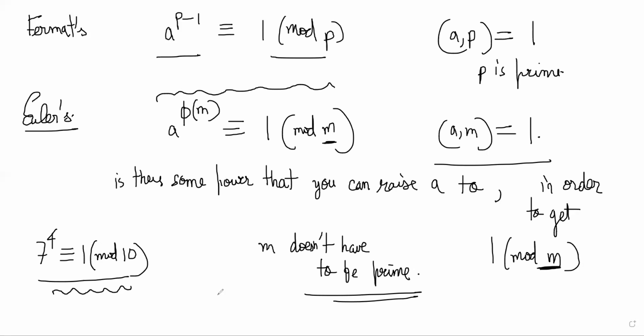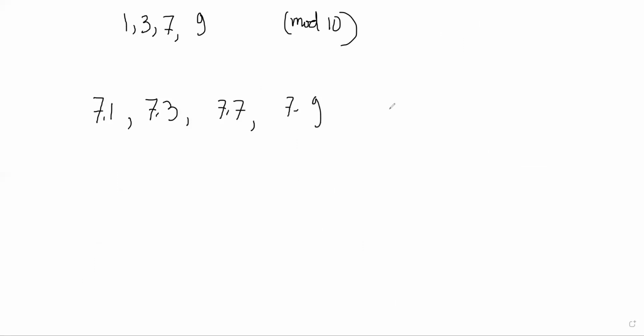We got 1379 mod 10, and 7 times 1, 7 times 3, 7 times 7, 7 times 9 mod 10 is also going to be the same. Yeah, but how do we prove they are the same? In this case, the numbers are obvious. It is the same. But in the general case, we will prove it.